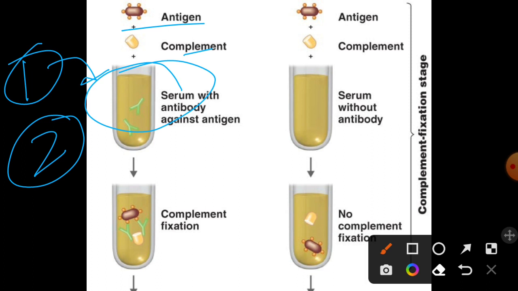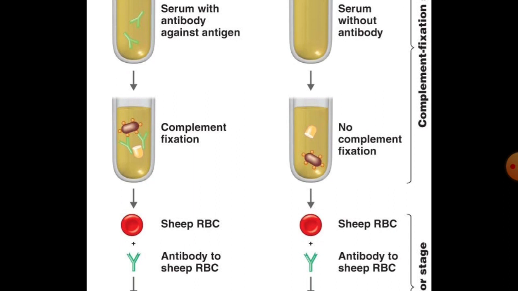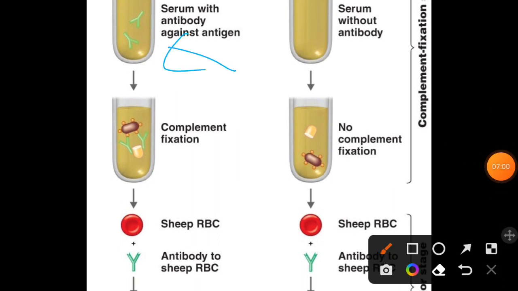Now try to think about this. If the serum contains antibody, what will happen? Complement fixation will occur because the other two components are present, right? Antigens are present, complements are present. So here antibodies are present, but initially we cannot determine this, right?